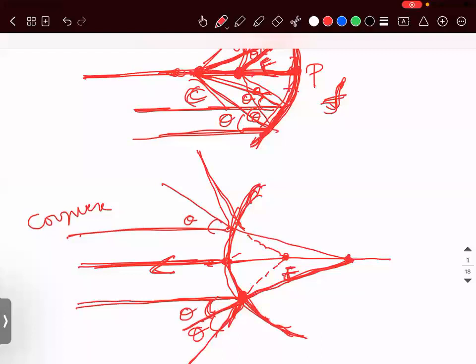First, you need to fix the center point of the spherical mirror. Once you fix the center of the spherical mirror, when you connect that center point to that surface point and extend that ray, that will be the normal. Then the incidence will be with respect to the normal. The reflection also with respect to the normal. Angle of incidence equal to angle of reflection. So all these mirrors are governed by this law of reflection.